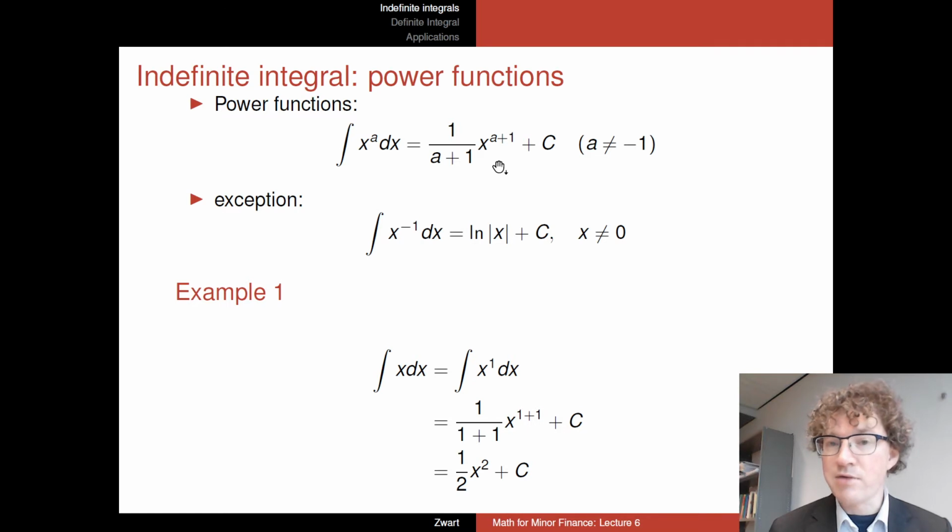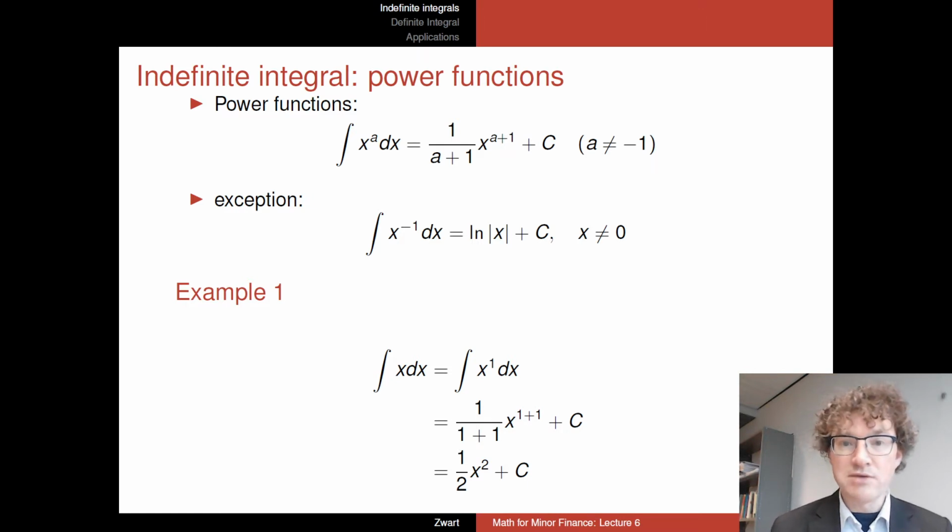Well, again like a power function, x to the a plus 1. That almost does it. The question we should ask is, if we take the derivative, does this function indeed give us x to the a? Well, if we take the derivative of x to the a plus 1, the a plus 1 goes in front, and the exponent a plus 1 is reduced by 1 to get a, so that gives us x to the power a.